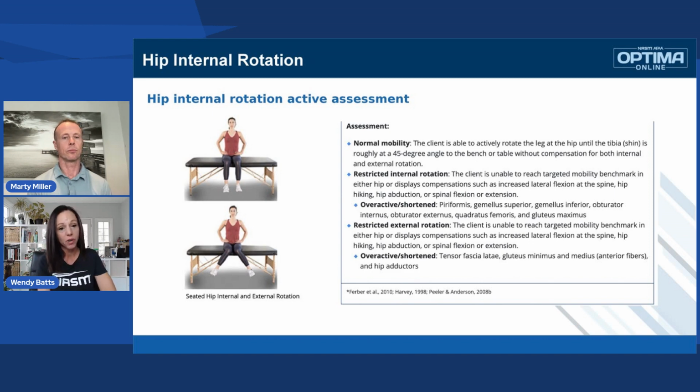So if you guys do not have the corrective exercise content and you're looking for a little bit more information about what muscles might be restricted, or what might be overactive, because remember, just as a quick review, if you haven't gone through the corrective exercise specialist content, we do these different types of assessments.